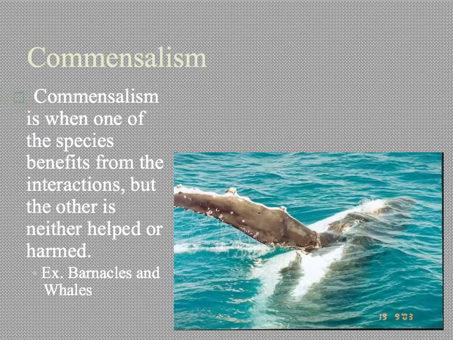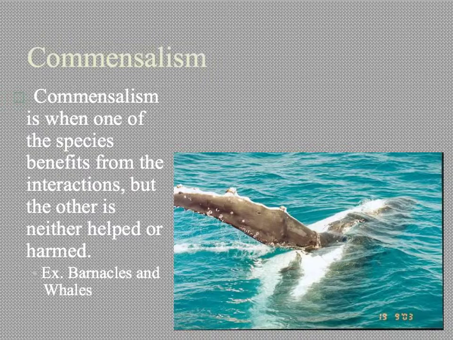Our next example of a symbiotic relationship is commensalism. Commensalism is when one of the species benefits from the interaction, but the other is neither helped nor harmed. So this idea of barnacles and whales. So barnacles are these small marine animals, and they attach to whales. They don't really provide any type of benefit to the whales themselves.